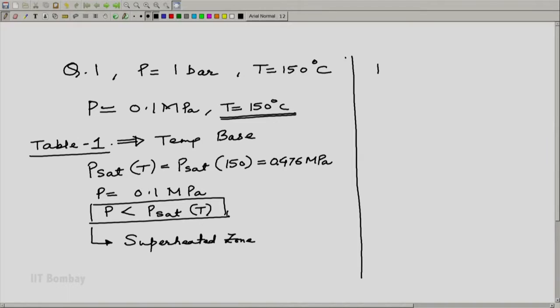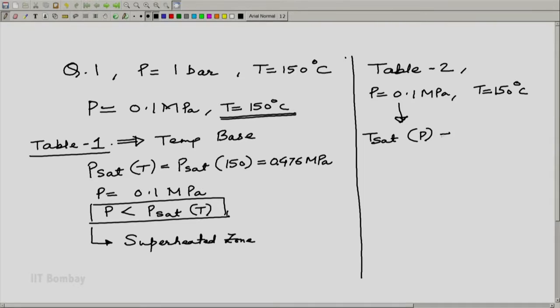For table number 2 now I will go with pressure as a base, isn't it? Our condition is P is equal to 0.1 MPa and T is equal to 150 degree centigrade. Because the pressure is a base now, let us get T sat P, that means T sat at 0.1 MPa, and then compare T and T sat P. What is T? 150 degree centigrade.